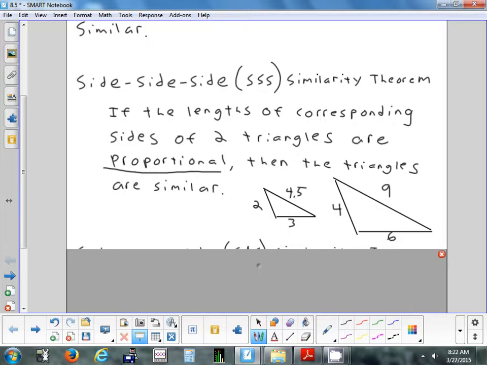Basically, if you compare, and I'll do it in different colors so we can make the comparison, the red sides versus the green sides versus the black sides, they're all going to come out to the same ratio when you divide. So we'd have 2 to 4 for the red sides, 3 over 6, and 4.5 over 9.